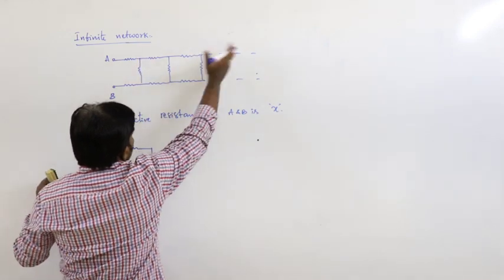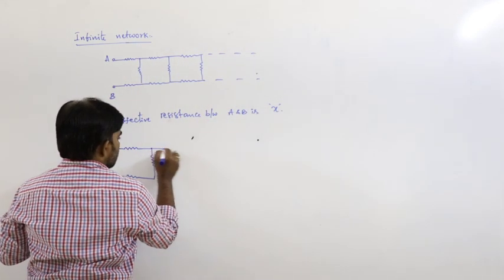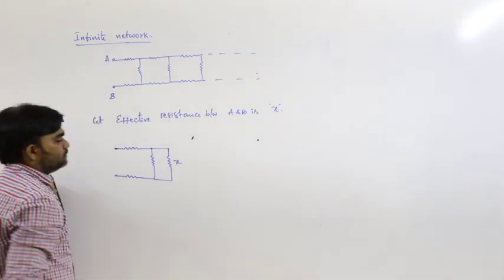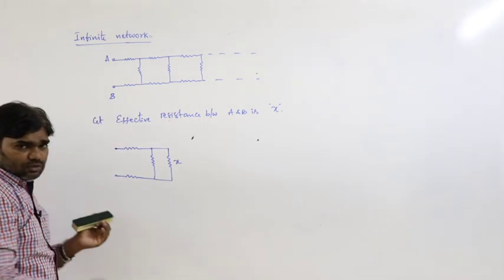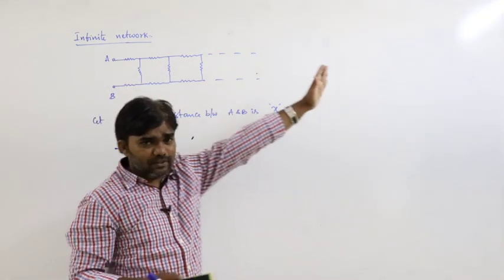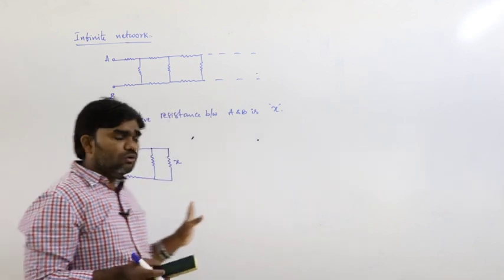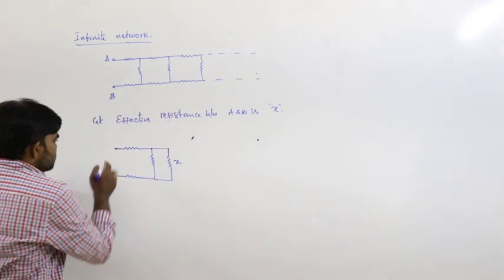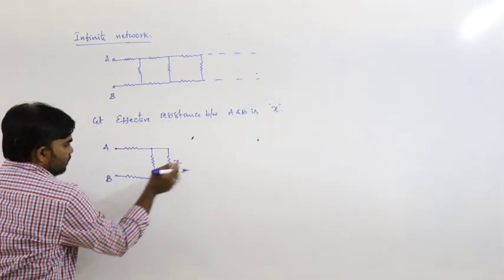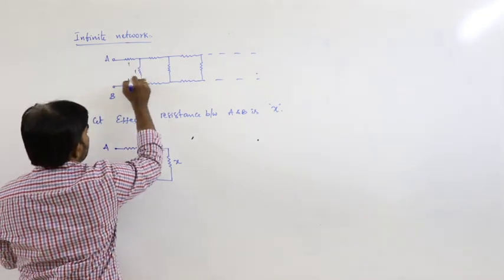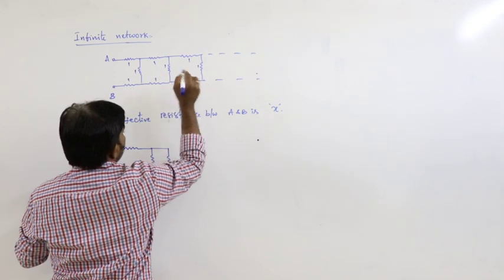Remove all this, I am considering the effective resistance is, let us say, X only. You don't know that. This is infinite. How many number of resistances? We don't know. So that's why whatever is the effective resistance between A and B, here also I am considering this X. Let us say this is 1 ohm like that.